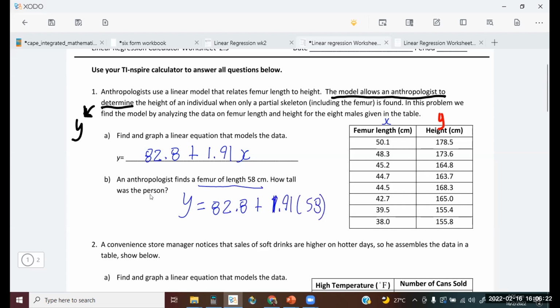I'm sure this person is over 6 feet by far. 82.8 plus 1.91 times 58 gives 193.6 centimeters. So this person is well over 6 feet, like 6 feet 3, 6 feet 4, maybe closer to 6 feet 5.